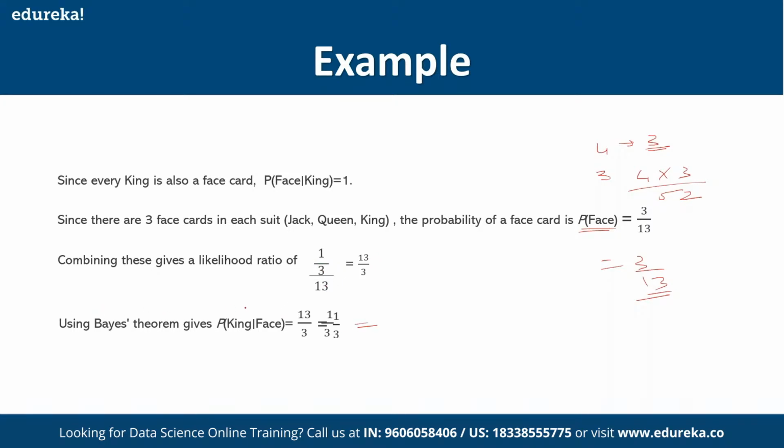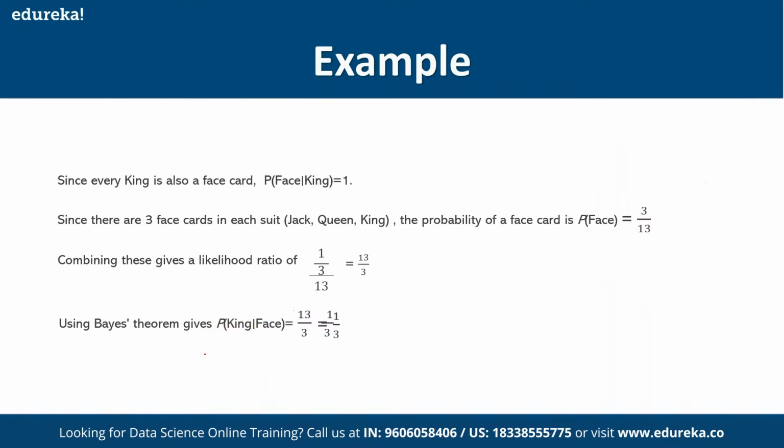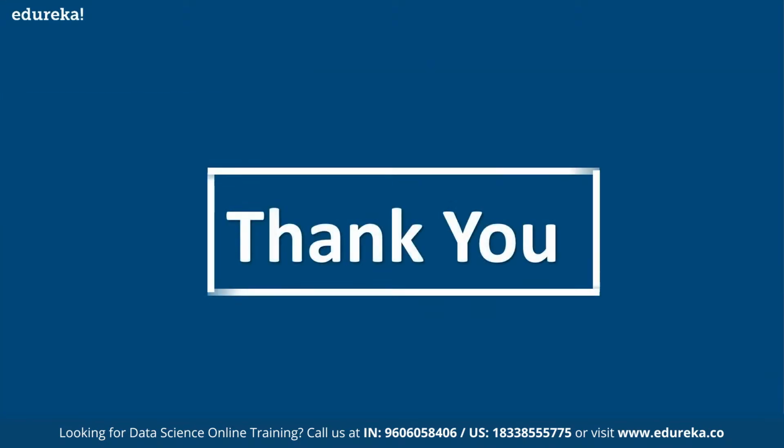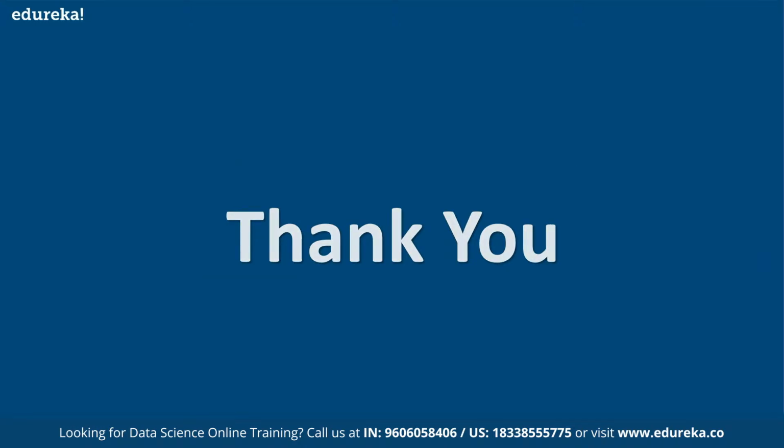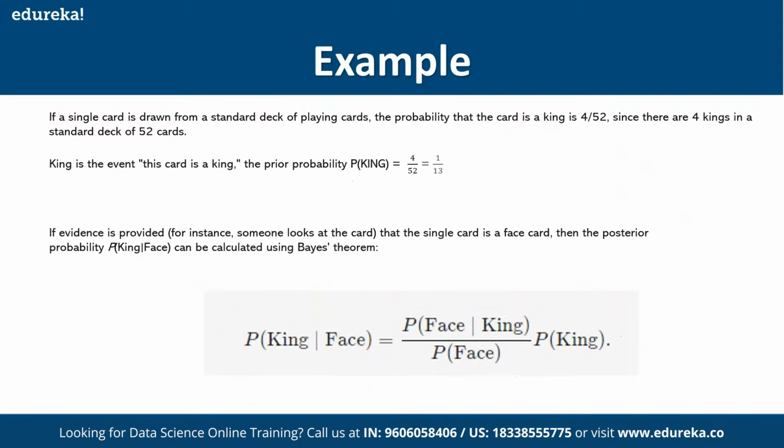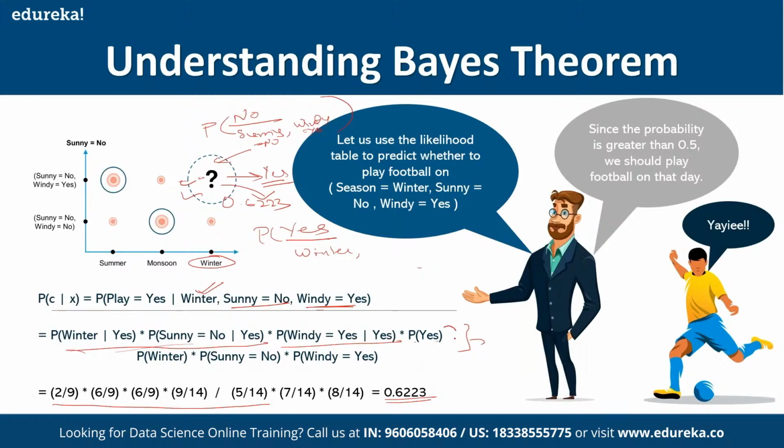So this will be our answer: given that it is a face card, what is the probability of you finding a king? Okay, in that case we find it out using Bayes theorem. I think you may want to revise or spend more time on this. That is my suggestion to all of you.